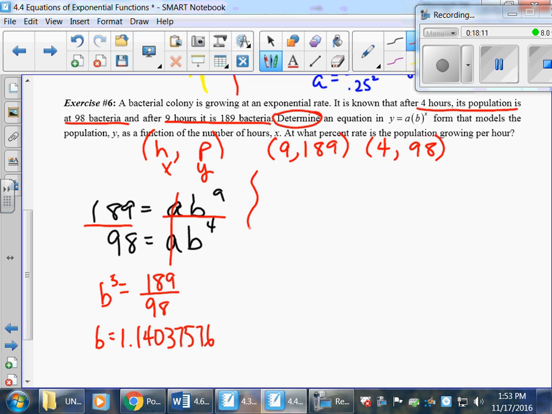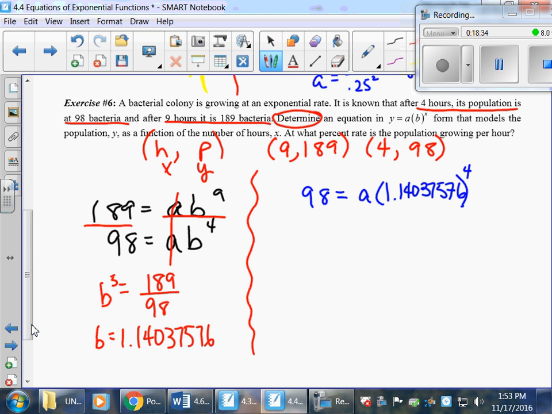Now let's use one of the points. So 98 is equal to a times that whole big number, 1.14037576, raised to the 4th power.